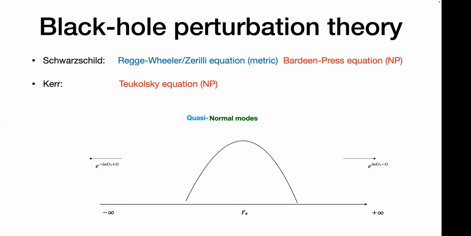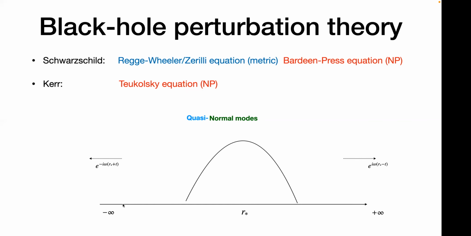From black hole perturbation theory, we know the radial direction of the equation is a wave equation. Here I'm showing the potential of the black hole, where r star is the tortoise coordinate. A quasinormal mode is a solution that has only the outgoing part at infinity and the ingoing part at the horizon.